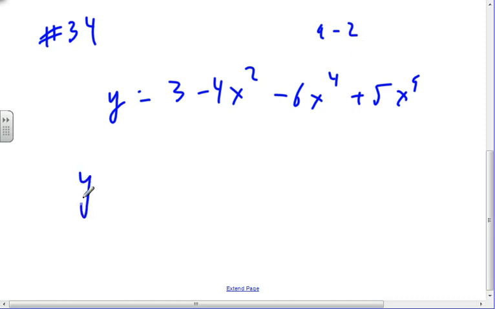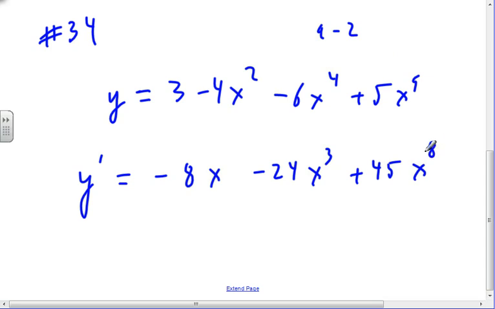All right, so y prime is minus 8x minus 24x cubed plus 45x to the 8th. And we want y prime at minus 2. Right, so that's a 16. This is going to be a plus sign. 8 times 24.